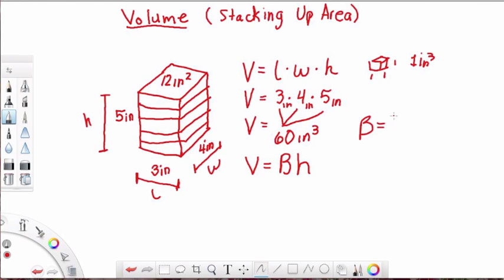Big B stands for, well, first of all, we find it by taking the base times the height of our base polygon. Okay, it's the area of our base polygon, and we're going to stack it.